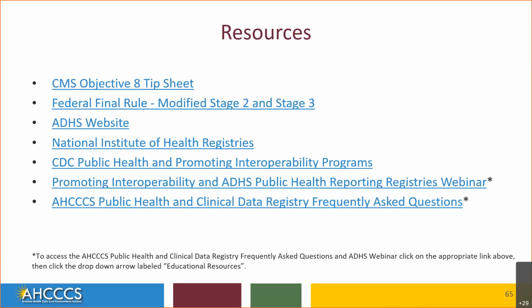Also, the link for where you'll find this webinar, which is the Promoting Interoperability and ADHS Public Health Reporting Registries webinar. So those last two links take you to the Access website, where you can find the webinar for public health reporting, and the last link, which is the frequently asked questions.